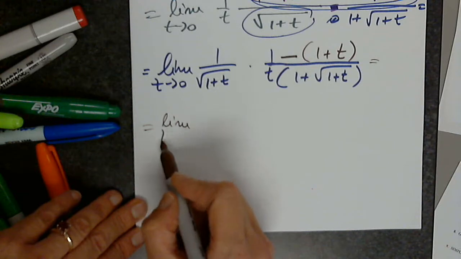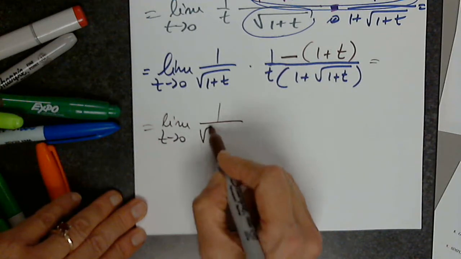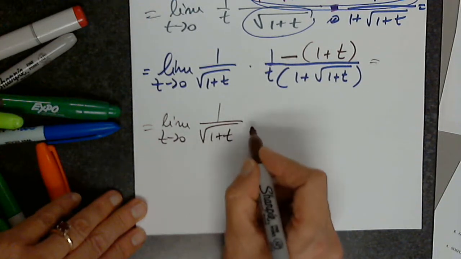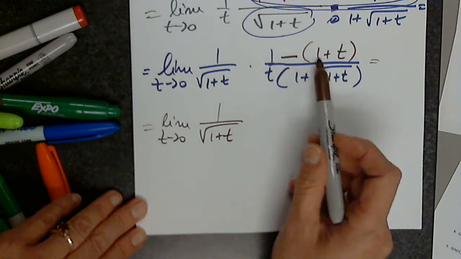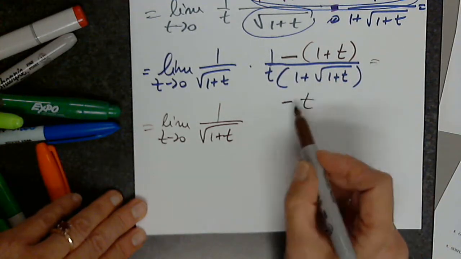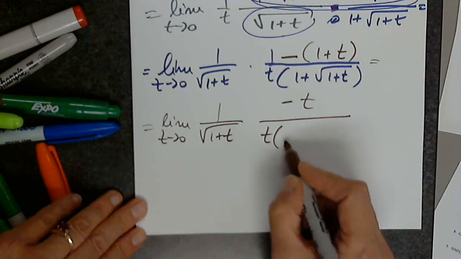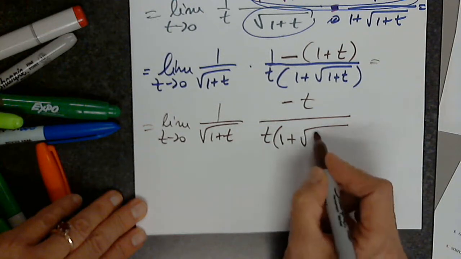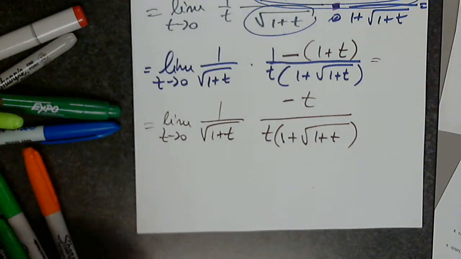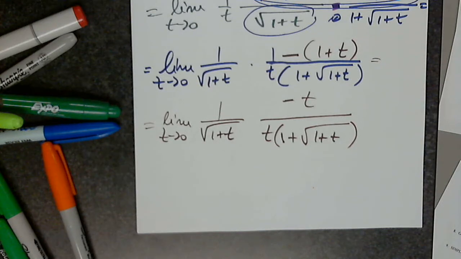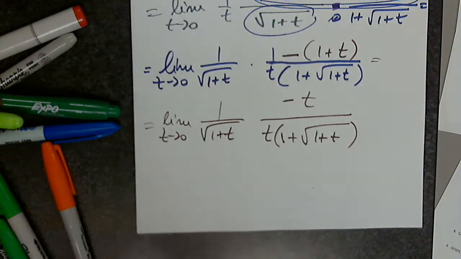So limit as t approaches 0, 1 over the square root of 1 plus t. The top is 1 minus 1 minus t, divided by t. And now I know that's what has to go away. That was the problem. But this, from the beginning, was not a factoring situation, so I couldn't pull out that factor. I had to rationalize first. And now I can get rid of it.